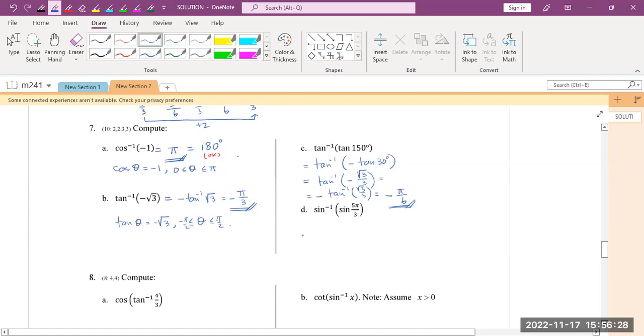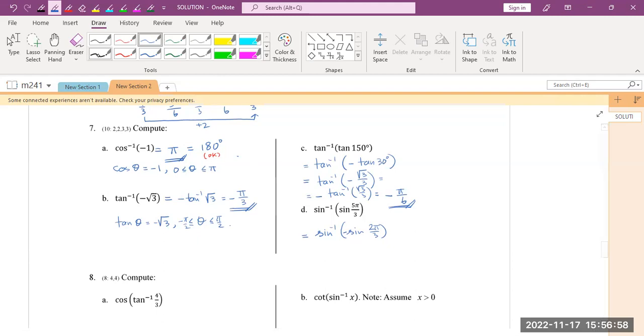Now, how about sine inverse of sine? Same thing. You see that this is not in the restricted domain, so let's do it inside out. Sine inverse of sine 5 pi over 3. Actually, 5 pi over 3 is in quadrant 3, right? The reference angle is 2 pi over 3. Because it is quadrant 3, it's negative. No, I'm sorry, that's quadrant 4. What am I doing?